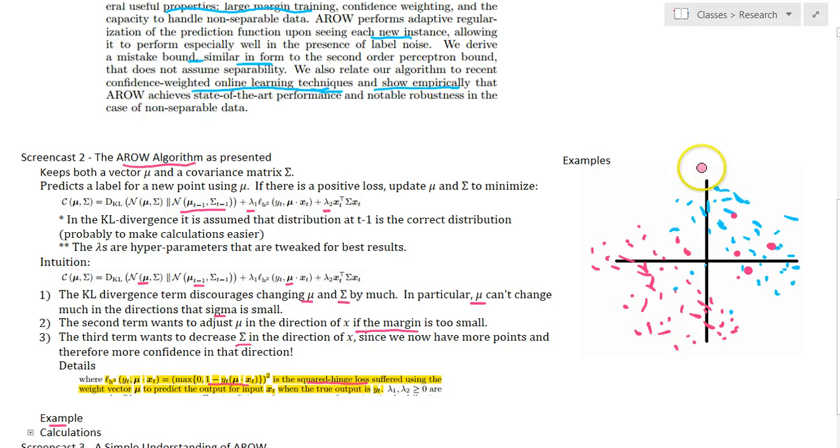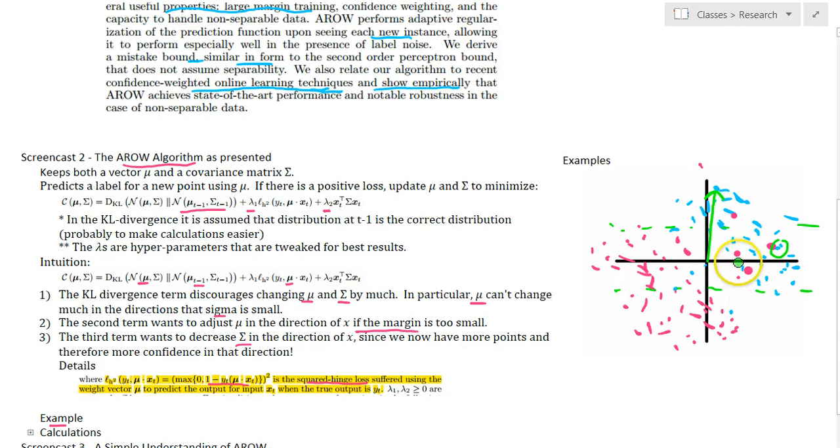So let's say we've got our mu vector, and it's supposed to point towards the blues, okay? So let's say our mu vector is in this direction. And then we take our first point, which is maybe here. And let's say that our margin isn't big enough, okay? We're going to need a bigger vector pointing more in that direction.